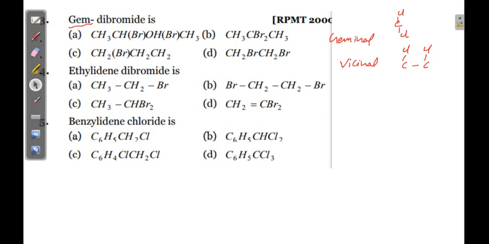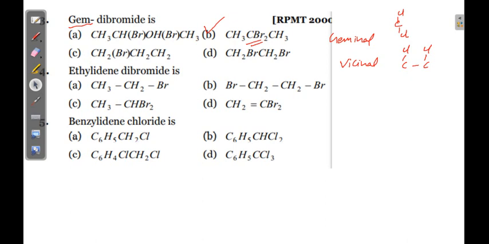How to remember? If one student has multiple talents, he is called a gem student. So gem means multiple bonds on the same carbon, like that. You can remember. So see here, where is the answer? Two bromines are on the same carbon, so B is the answer.